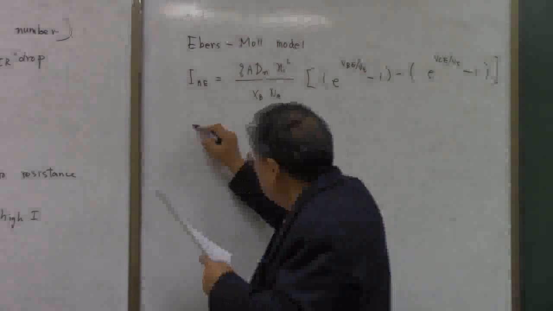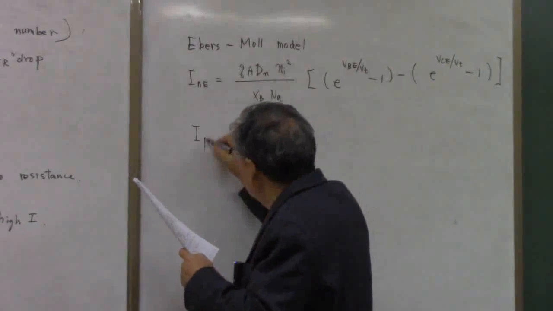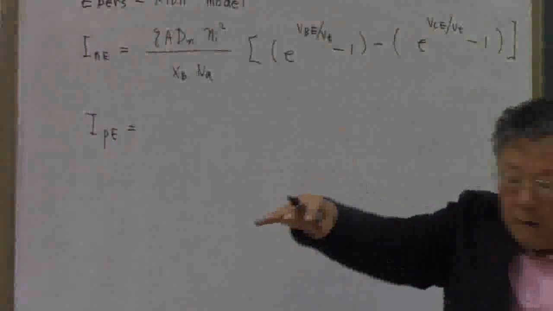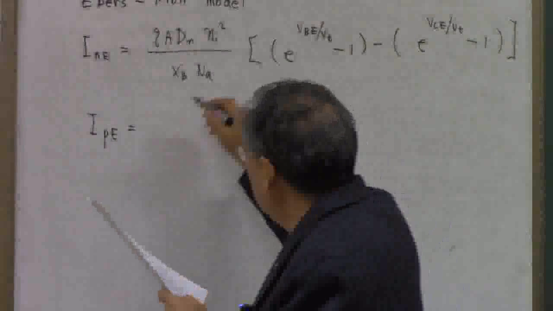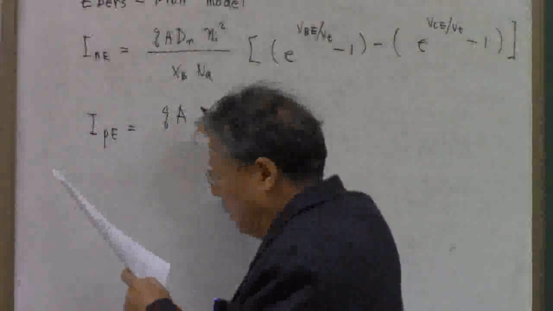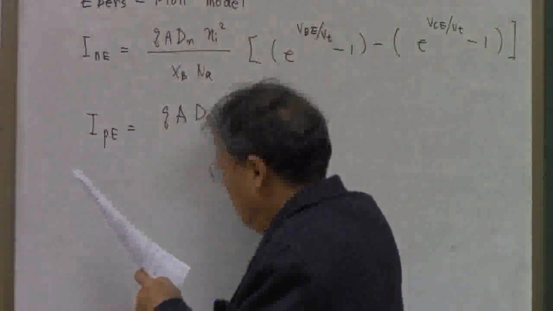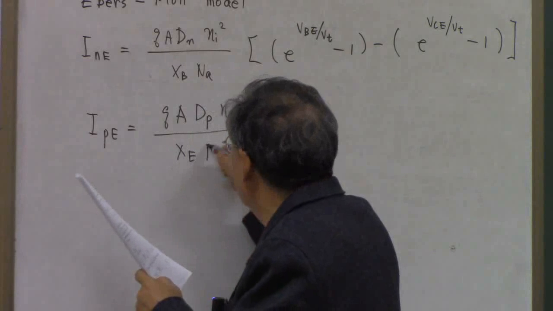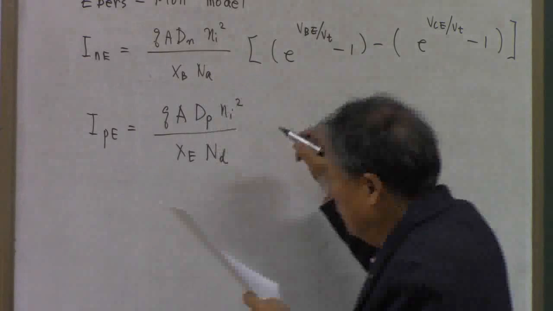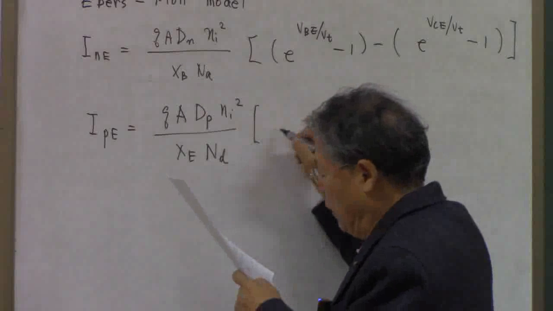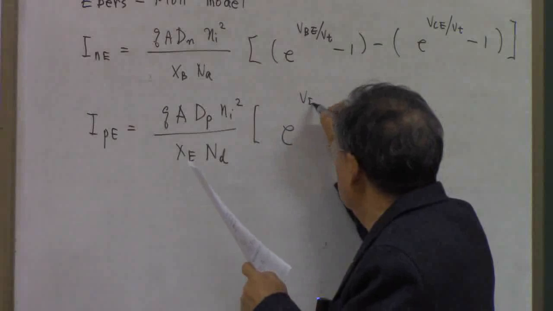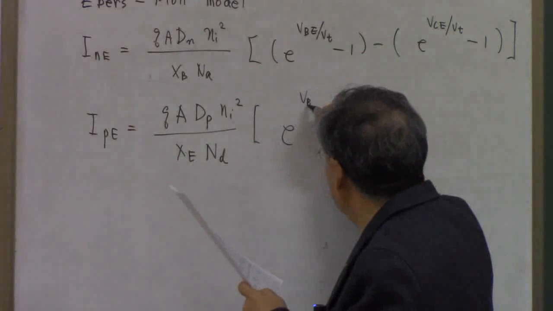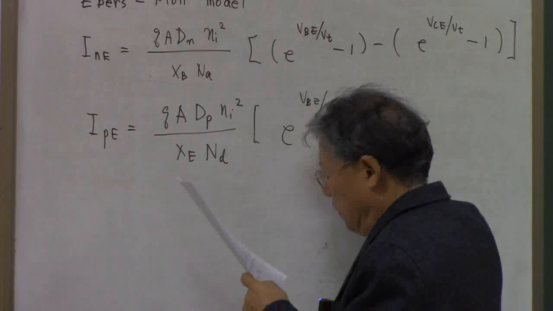And we can make the equation for the holes to be injected into the emitter. It's going to be the same story. We can have a similar equation for that, which is going to be with ND. Now we have a forward bias of this, e to the VBE over VT minus 1.